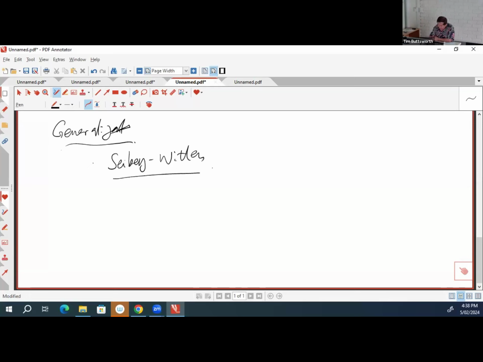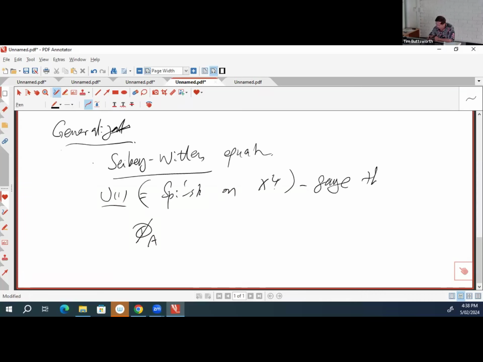In 1994, Seiberg-Witten came out with a U1 gauge theory. But this U1 is coming from the spin C structure on S4, and then you have the Dirac operator. So we have a U1 gauge theory, which is essentially a U1 connection.